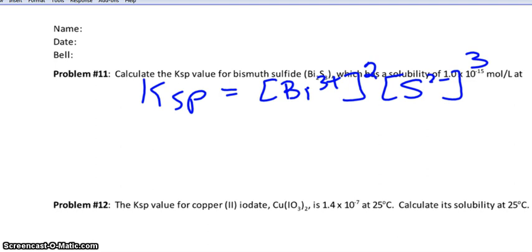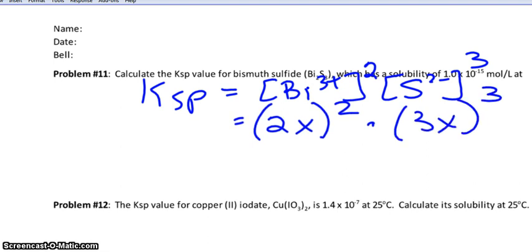This is probably your next most important step, talking about the concentrations. So watch, my concentration of the bismuth ion was 2x. My concentration of my sulfide ion was 3x. Let me write that down. And what's X?